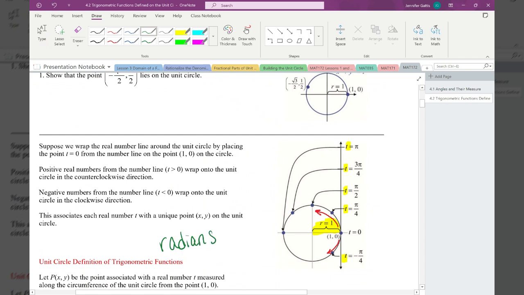So recall we looked at different ways of measuring angles previously, and one of those ways is radians. And if you notice, radians has that root here, RAD, for radius. This is why they're called radians. Okay.